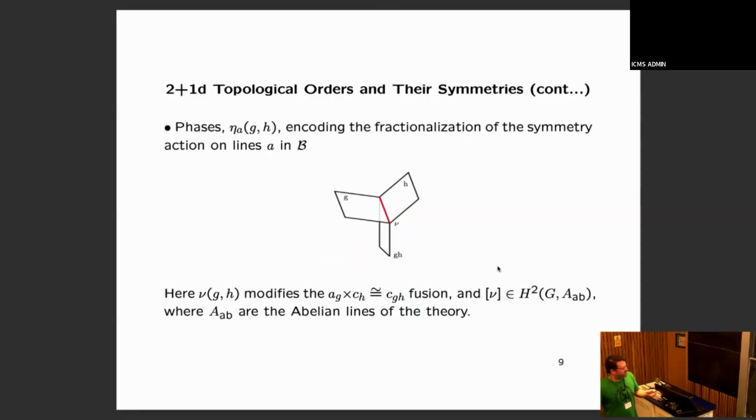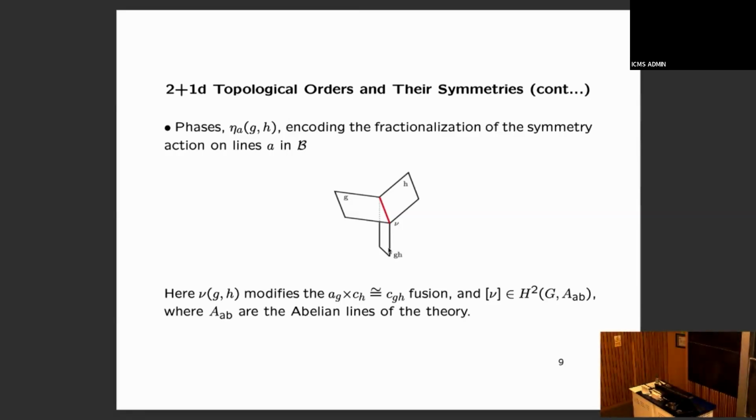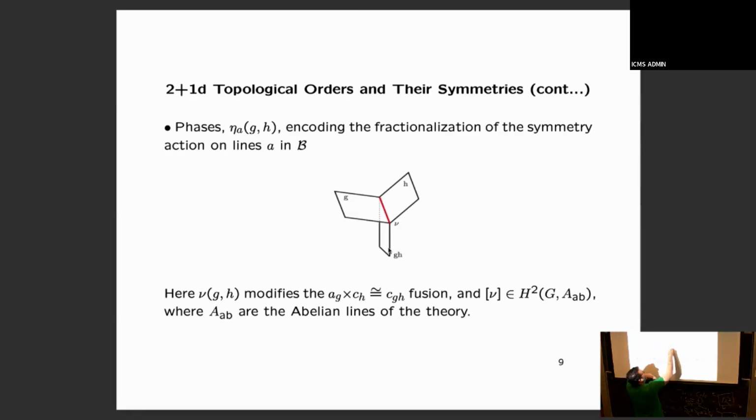So another piece of data that characterizes, in addition to the action of the surfaces on the lines, is the so-called symmetry fractionalization. I should have drawn here, but you can imagine behind here a line A, where this whole vertex has two surfaces labeled by group elements G and H coming to another element GH, and I have a line nu that I've inserted at the junction.